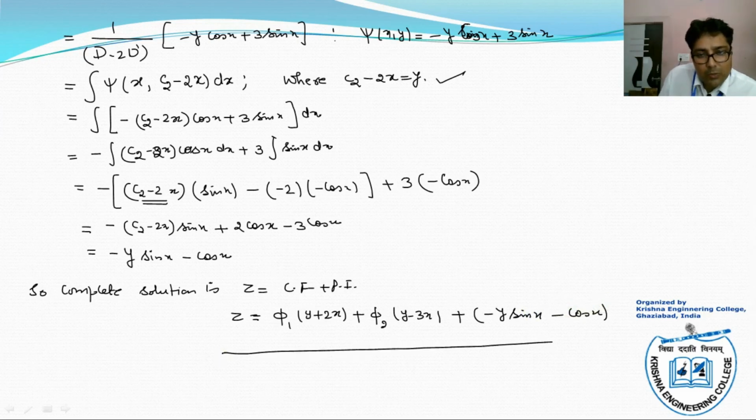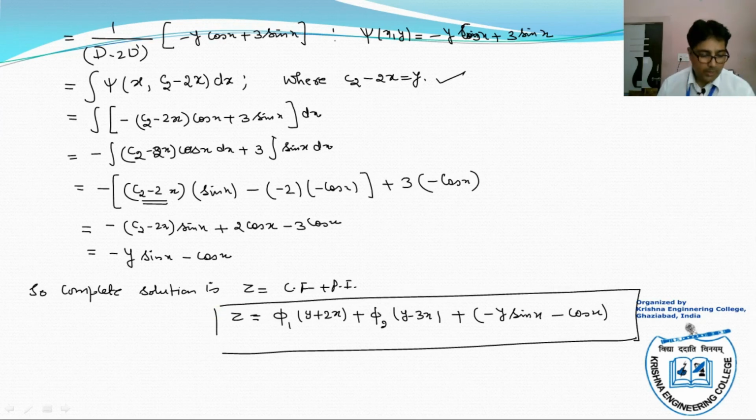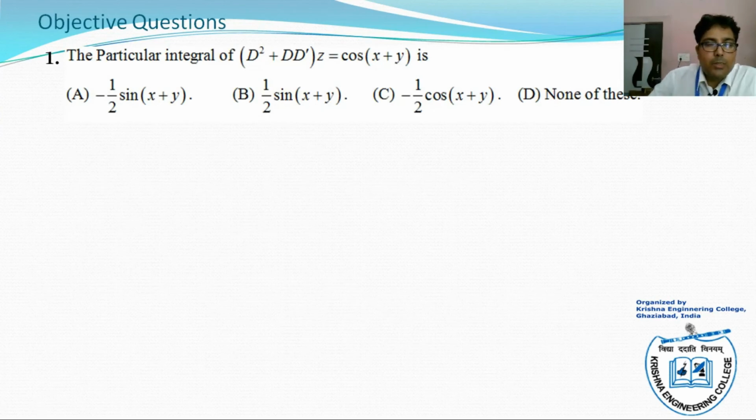This is the complete solution of the given partial differential equation by the general method. Clear? Now these are the basic examples.